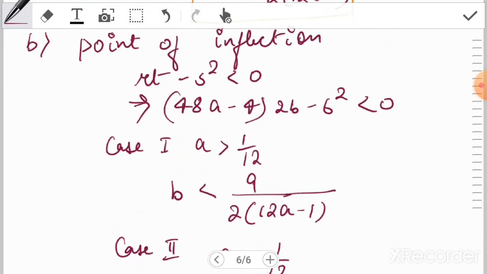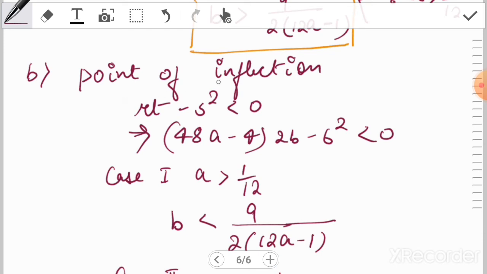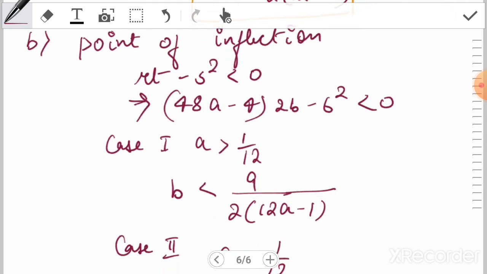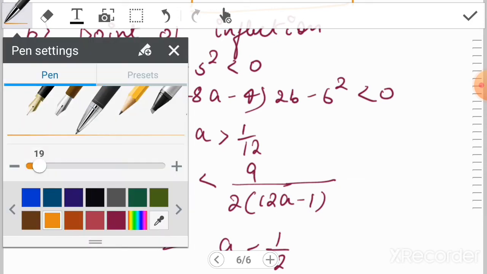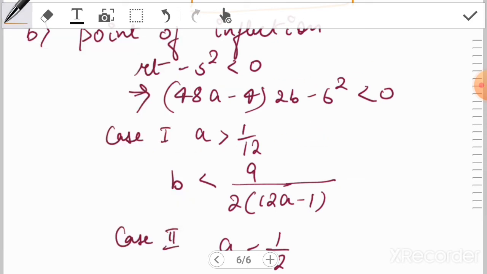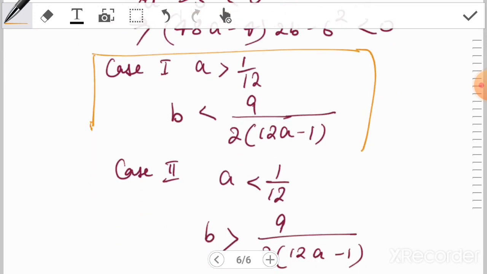So these are the two conditions of saddle point or point of inflection.